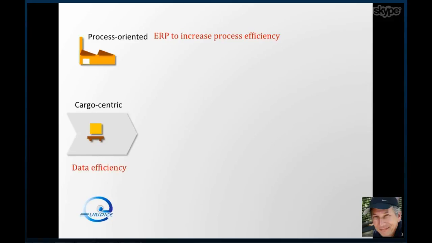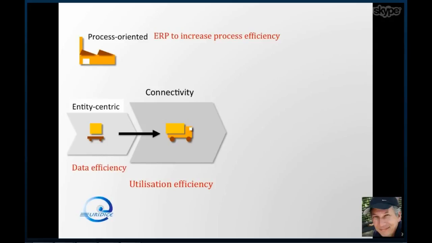But along the road, we saw that this is not specific for cargo but could be used for everything, an entity. So the cargo-centric approach changed into an entity-centric approach. Within the iCargo project, we use this to increase the connectivity.